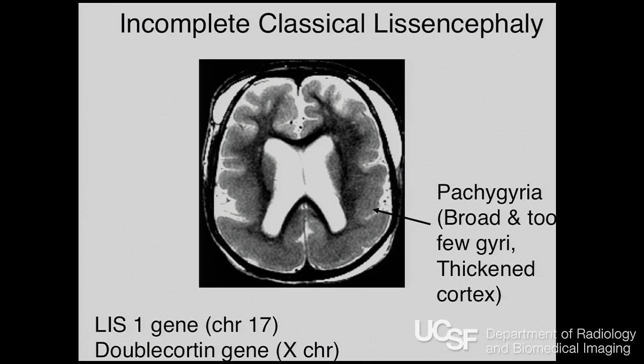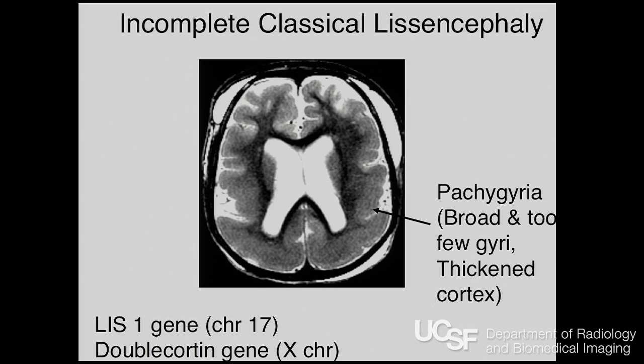Now, when you don't have severe lissencephaly, and it's a little more variable in its severity, we oftentimes refer to that as incomplete classical lissencephaly, where you can have some areas that are more agyric, like the one I showed you, with essentially no sulci and no gyri, or pachygyric, where there are too few sulci and the gyri are too broad.